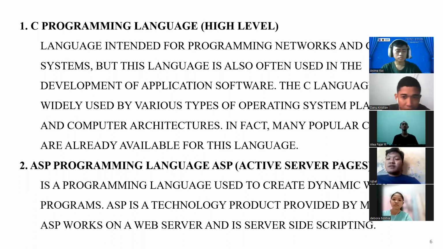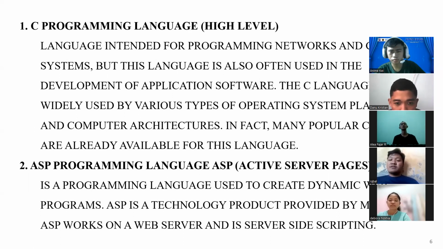But this language is also often used in the development of application software. The C language is also widely used by various types of operating system platforms and computer architectures. In fact, many popular compilers are already available for the language.